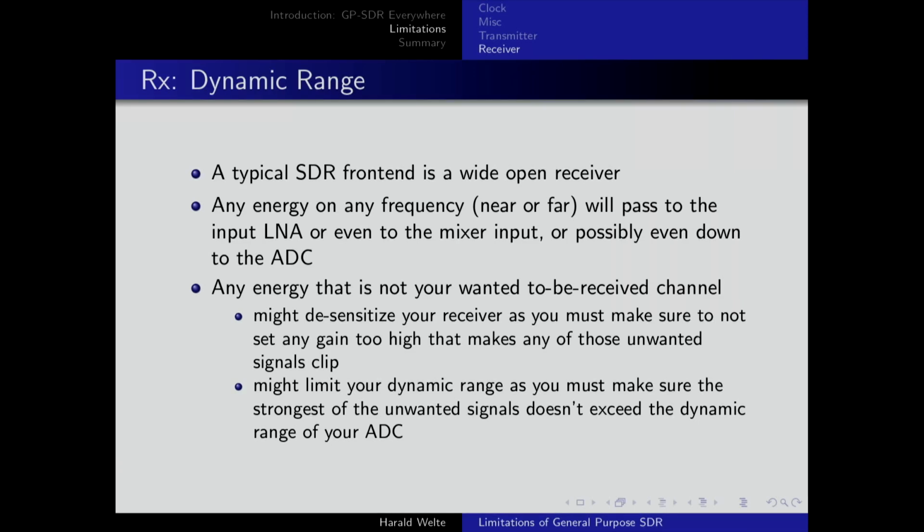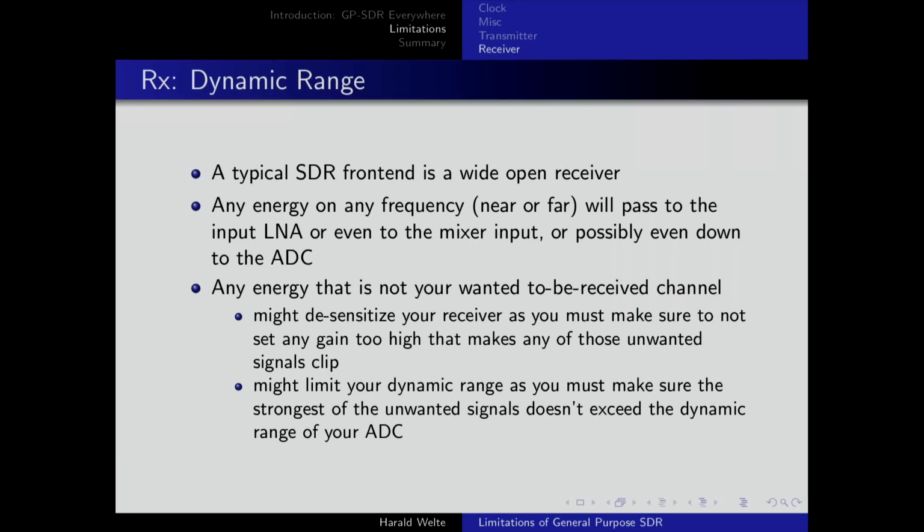And any energy that is outside the signal that you're interested in is just going to create a problem for you, particularly if it's a strong signal. Because a strong signal means that it might clip, and clipping means distortion, and distortion means you won't receive anything useful.